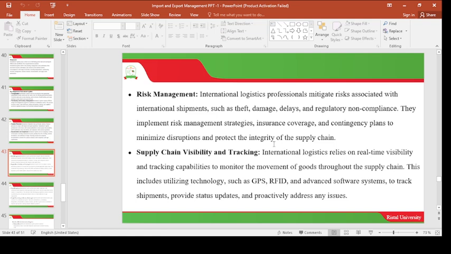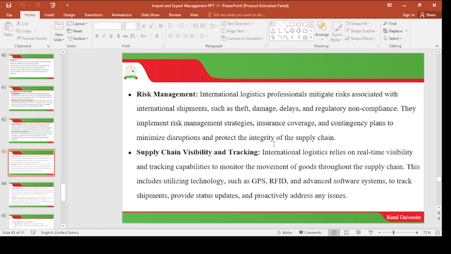So another point is supply chain visibility and tracking. International logistics relies on real-time visibility and tracking capabilities to monitor the movement of goods throughout the supply chain. This includes utilizing technology such as GPS, that is, the global positioning system.